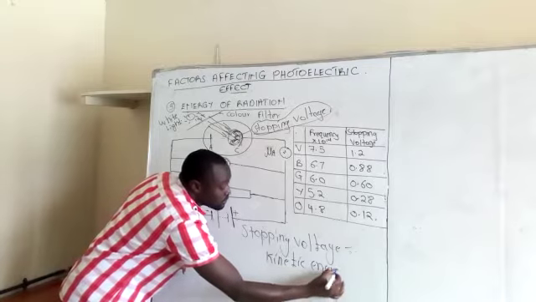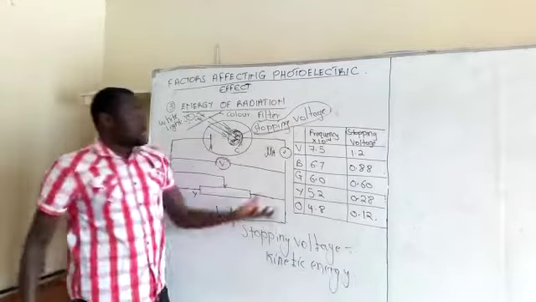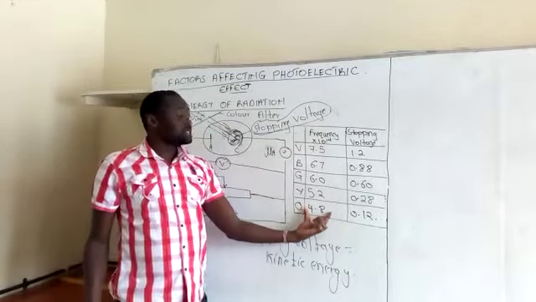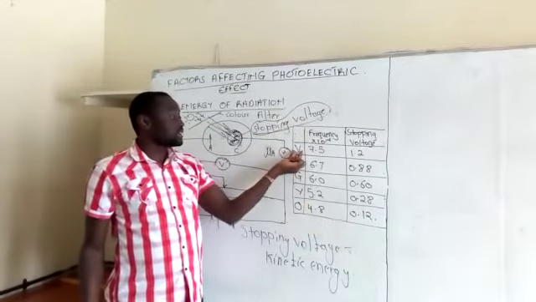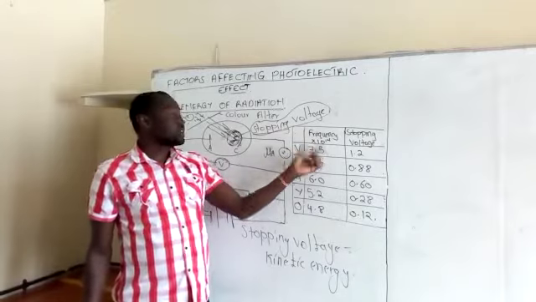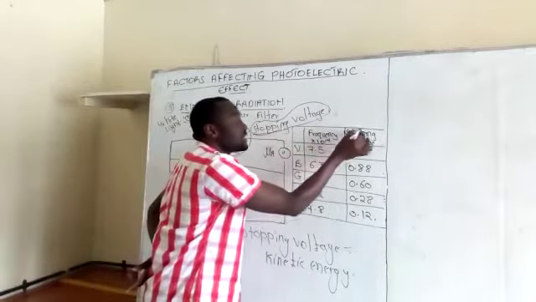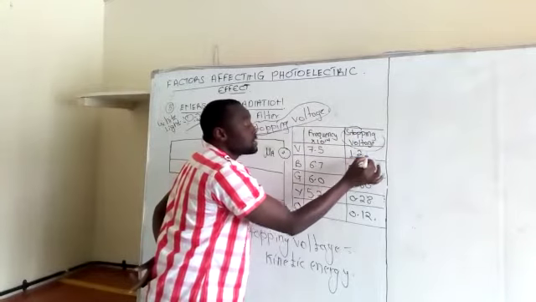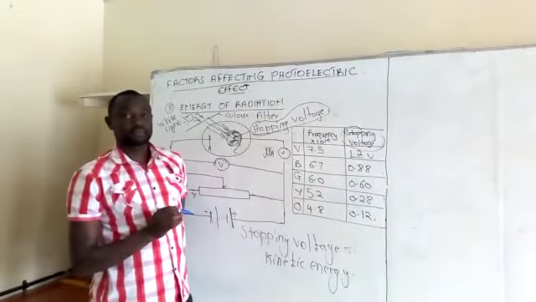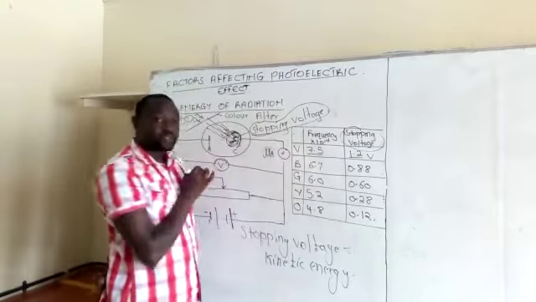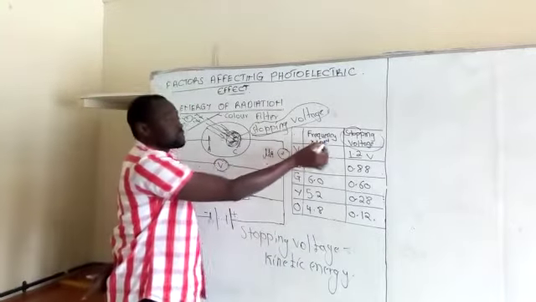We have a simple table here showing different frequencies. For example, for violet, it is 7.5 times 10 to power 14 hertz. You can see the equivalent stopping voltage is 1.2 volts. This is a radiation of 7.5 times 10 to power 14.